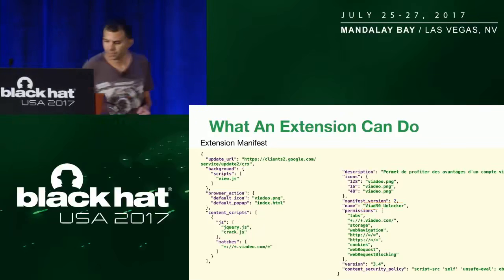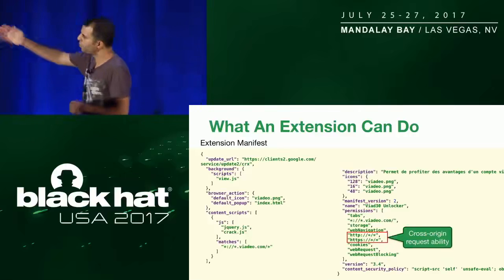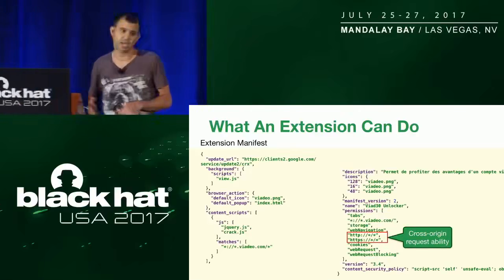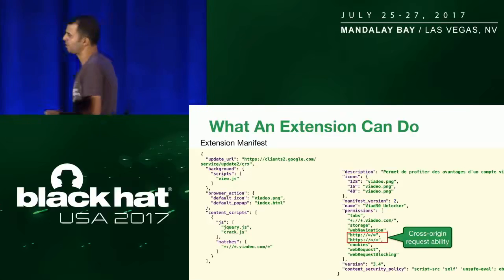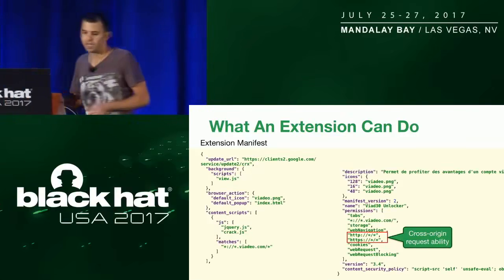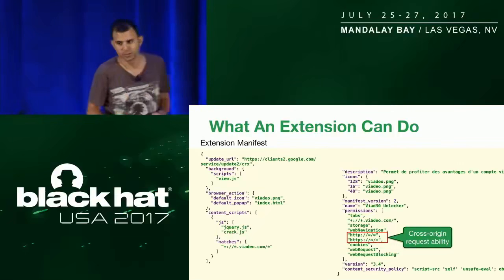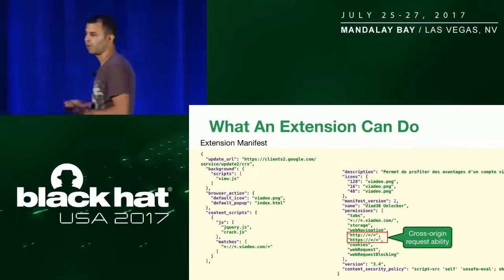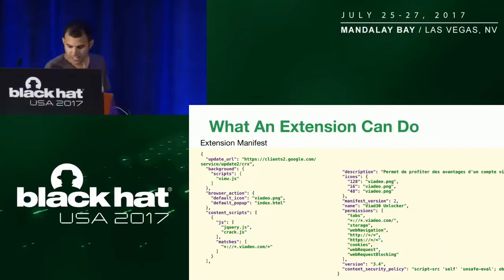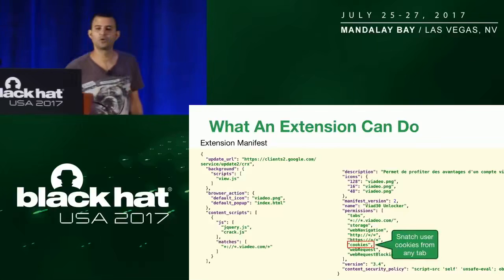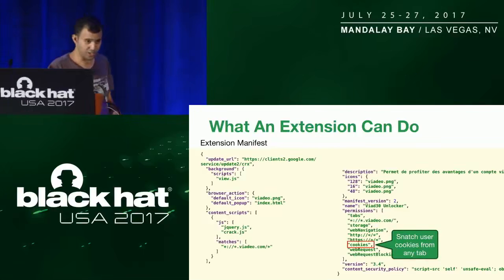So what we see here, and this is the most important part of the manifest, is a permission to fire cross-origin requests to any destination he wants on the internet. This also allows the extension to inject JavaScript code into any tab that the user is using. What else? We have access to all user cookies in all tabs. That, by the way, also includes HTTP-only cookies.